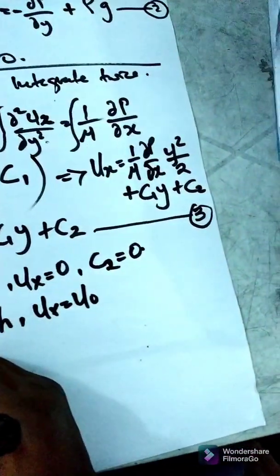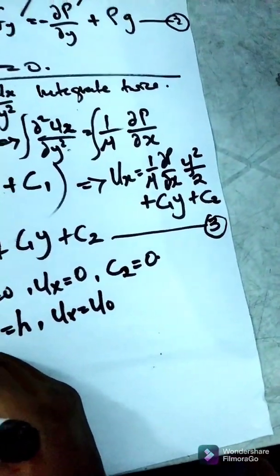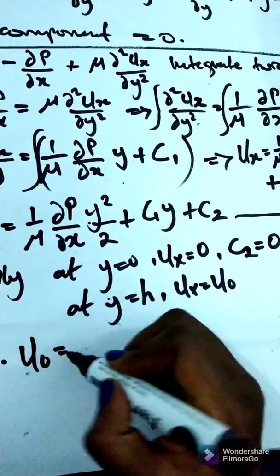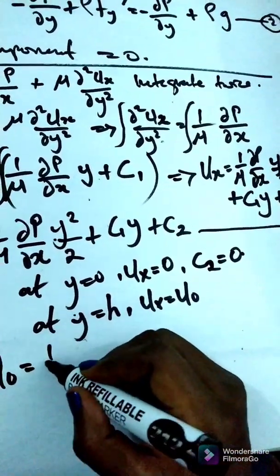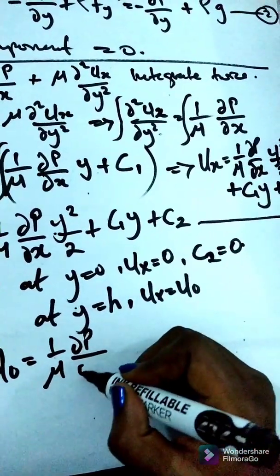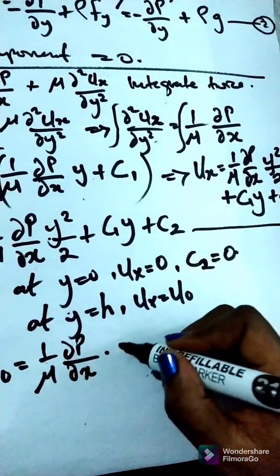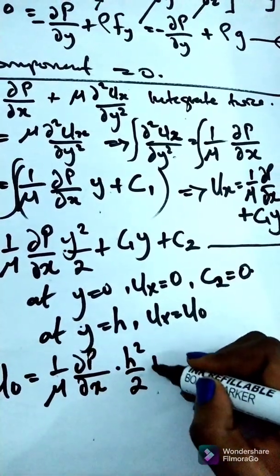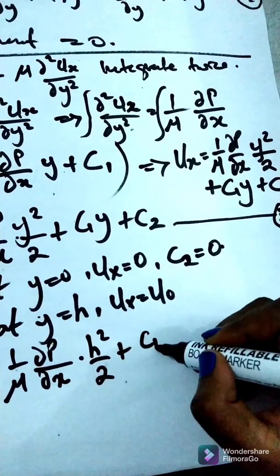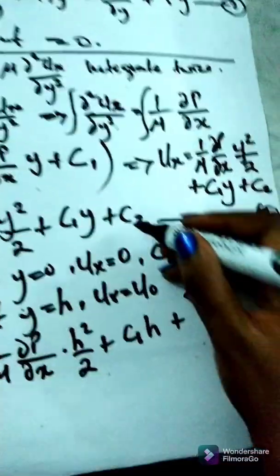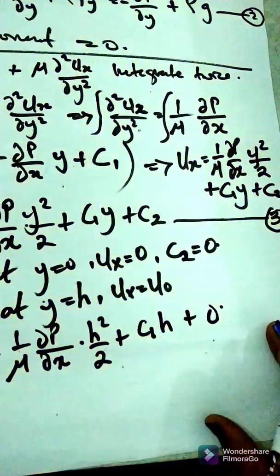Applying this into the equation, we'll say uo is equal to 1 over mu partial p partial x h square all over 2 plus c1h plus c2, which is 0.